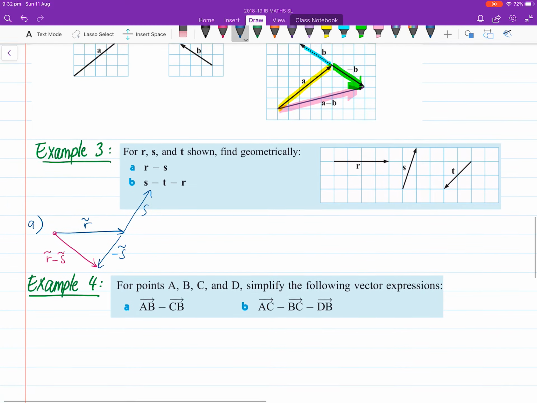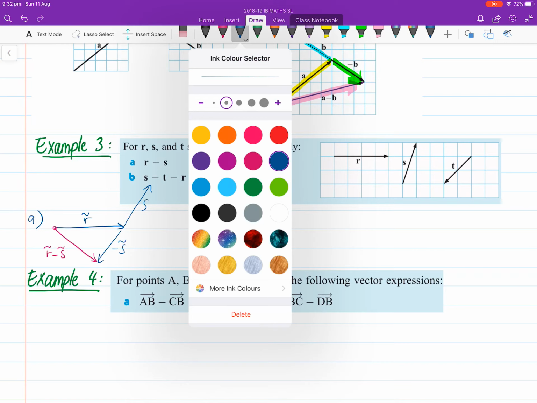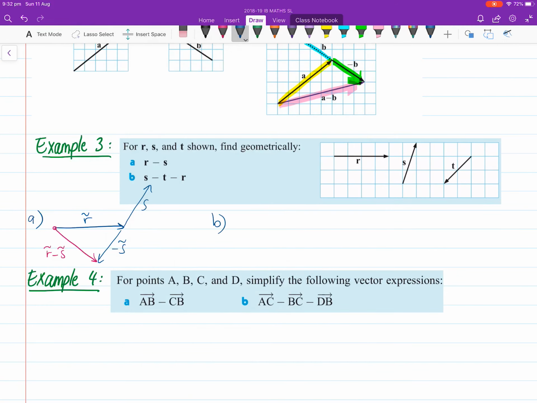Okay, and then let's have a go at B. We've got S and then minus T and minus R. Let me just move this down actually, so we've got a bit more space.